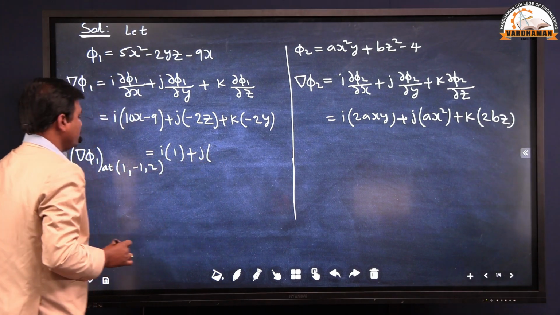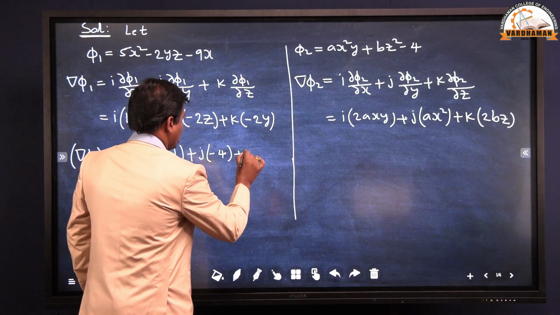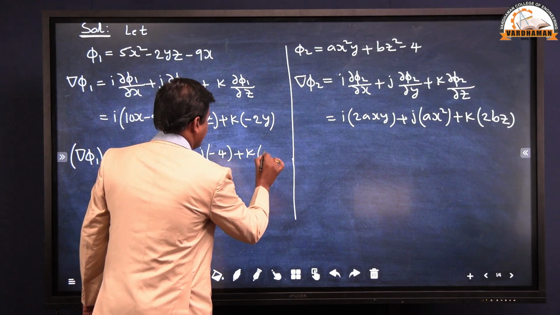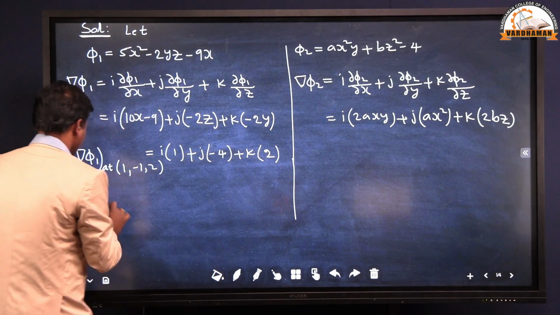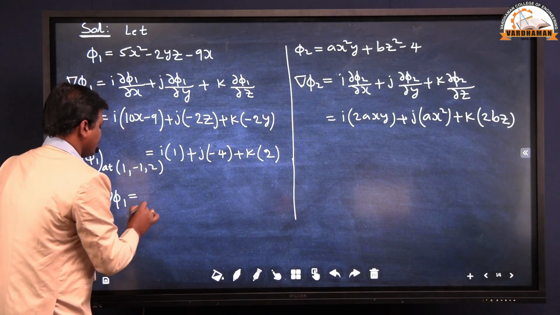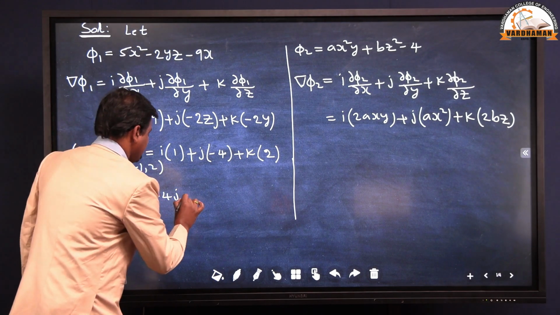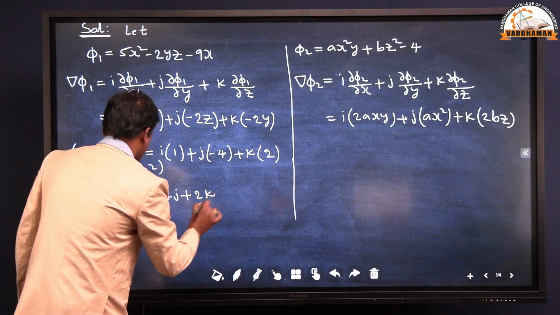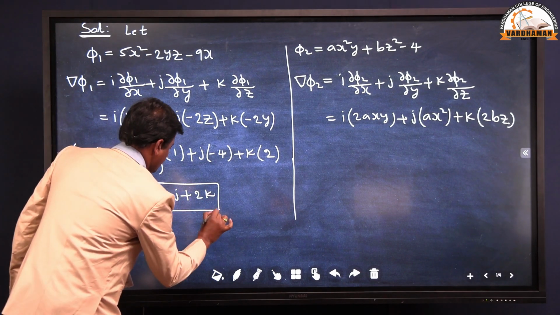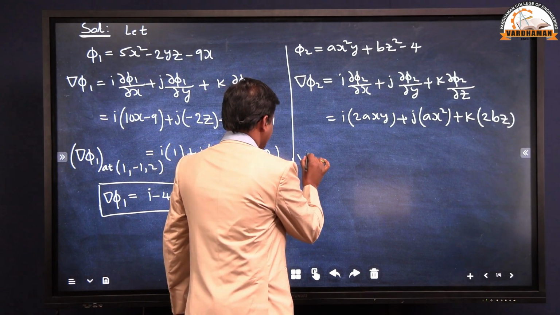Plus j into z is 2, so minus 4. Plus k into y is minus 1, minus into minus plus 2. So del phi 1 at this point equal to i minus 4j plus 2k. Next we have to find del phi 2 at this point.